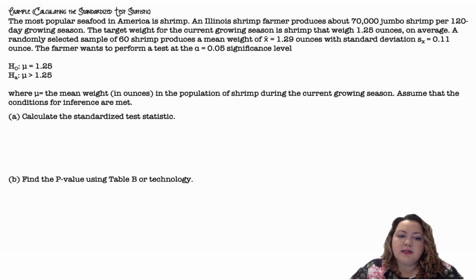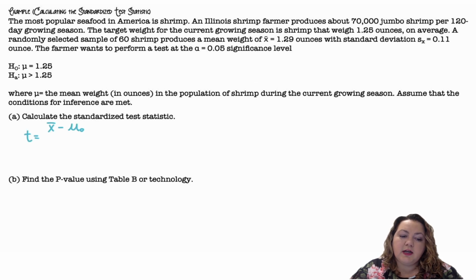A randomly selected sample of 60 shrimp produces a mean weight of 1.29 ounces with a standard deviation of 0.11 ounces. The farmer wants to perform a test at an alpha of 0.05 significance level. So our alternative is mu greater than 1.25, where mu is the mean weight in ounces of the population of shrimp during the current growing season. Assume that the conditions for inference are met. Calculate the standardized test statistic.